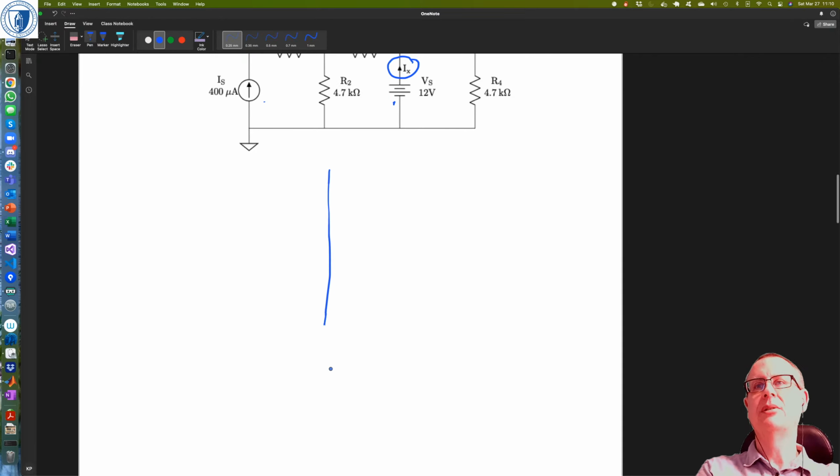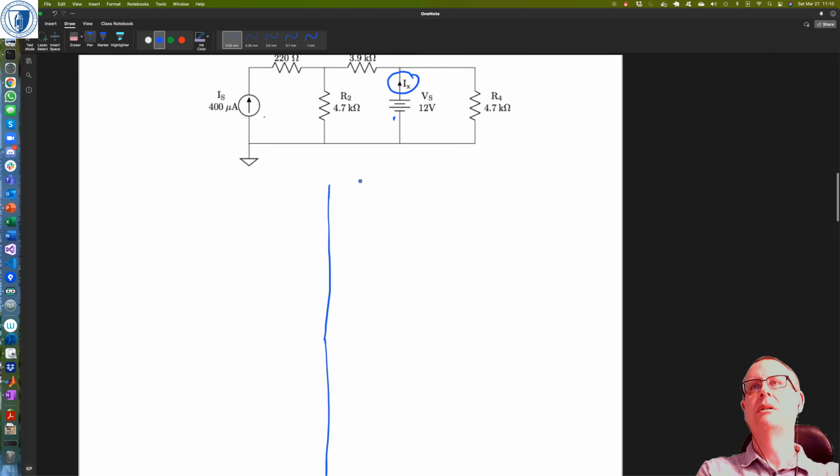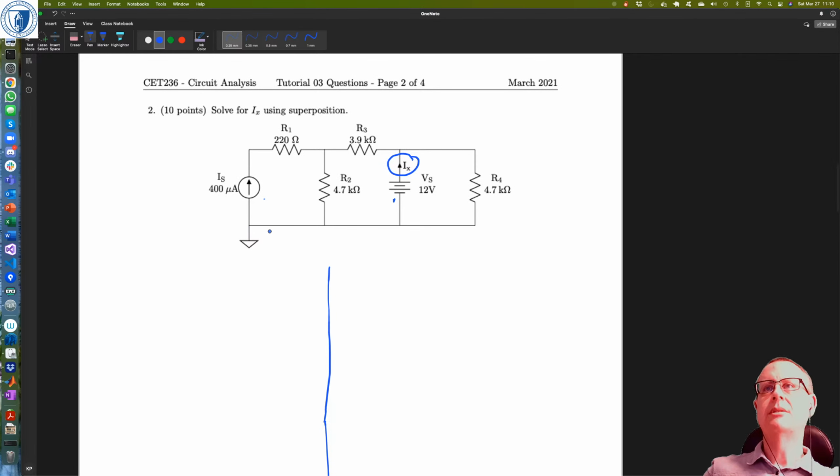So again, I'm going to break our diagram in half, and the first one I'm going to keep the current source.